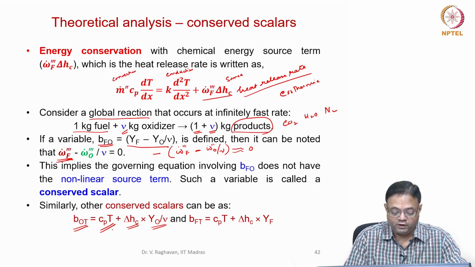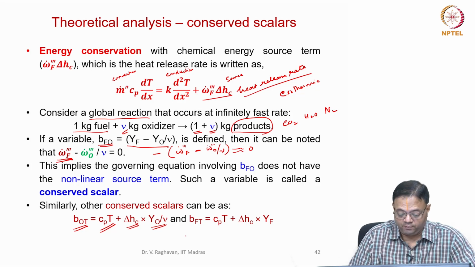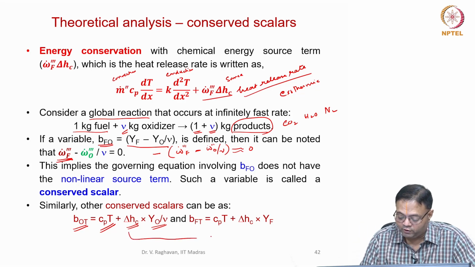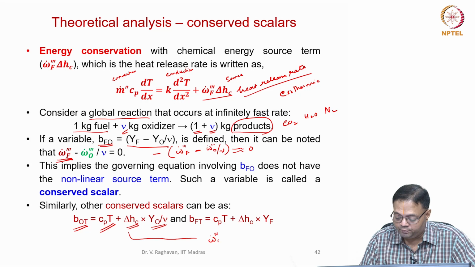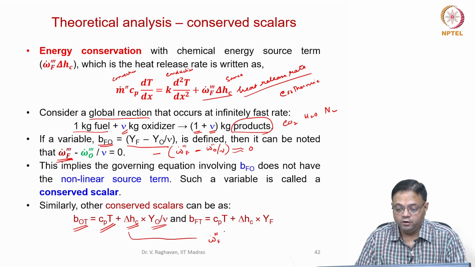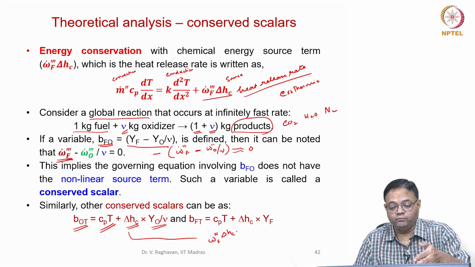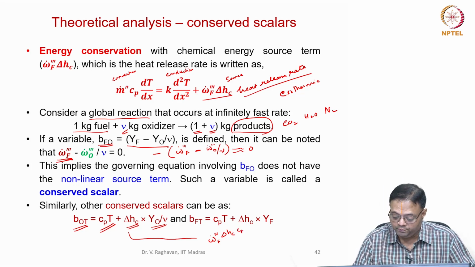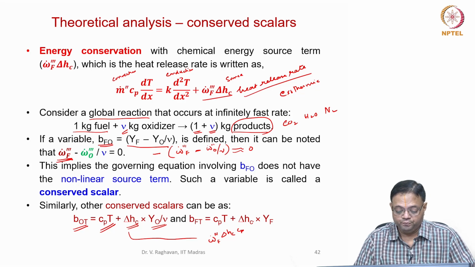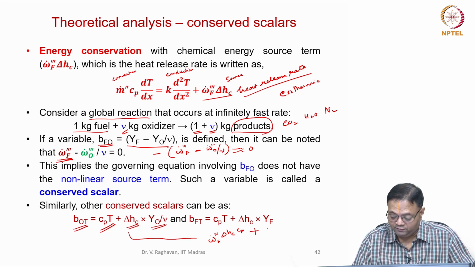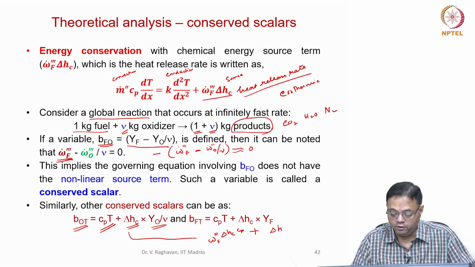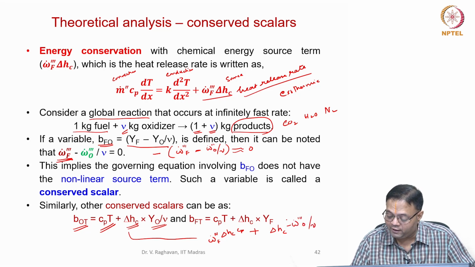So, if I do this, then the source term for this will be omega dot triple dash F delta H_C. I am multiplying with C_p also here. So, C_p basically, minus, plus in the other term, this will be delta H_C omega dot triple dash O by nu, but that will be minus 1 here.